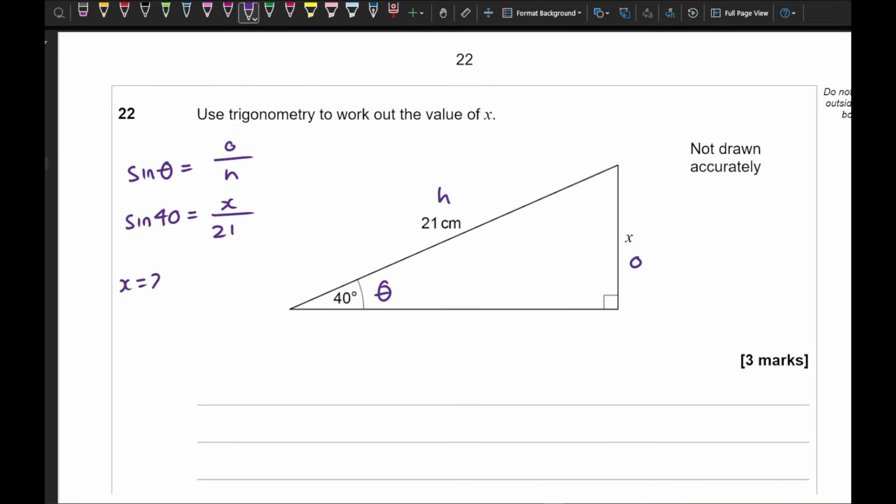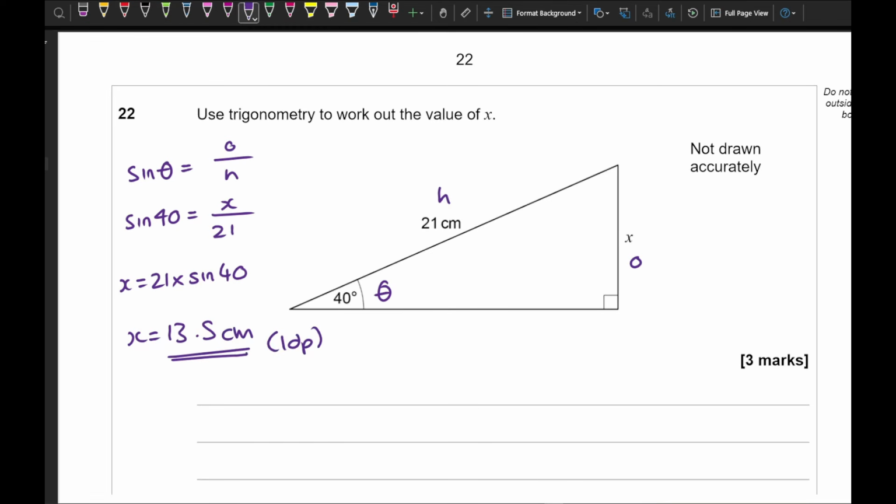So x is going to equal 21 multiplied by sine 40, and if I type that into my calculator, I get an answer of 13.5 centimeters, and that's to 1 decimal place.